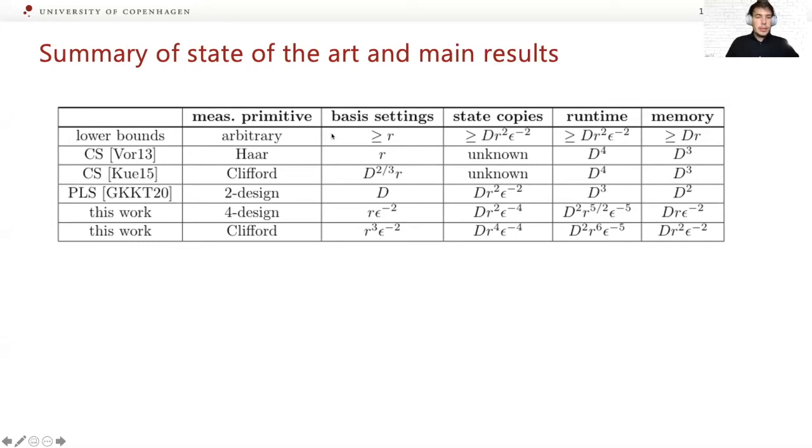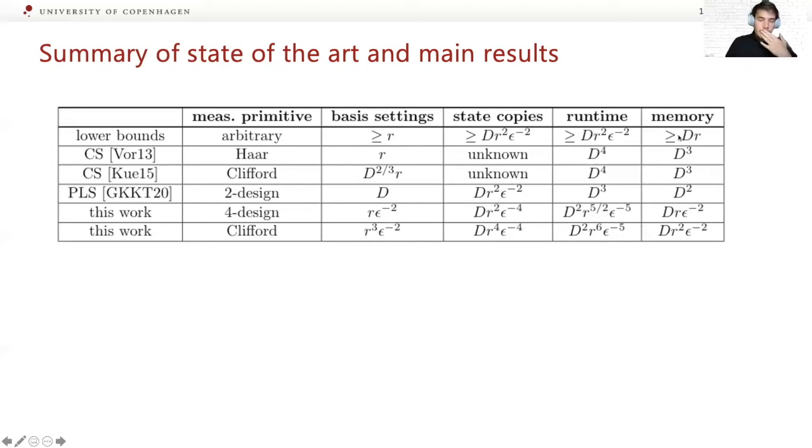In particular, it is known by work by Wolf and others that the number of basis settings, so the number of different bases we need to measure, has to scale with R. Also, the number of state copies is known to scale linearly with dimension and quadratically with the rank. This is work by Haah and others. And from this, we infer a trivial lower bound on the time for the post-processing, namely the same, because we also have to load in the data to actually perform the post-processing.